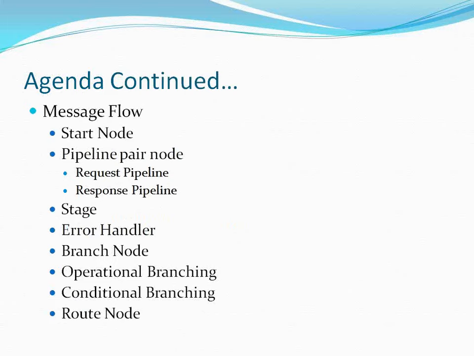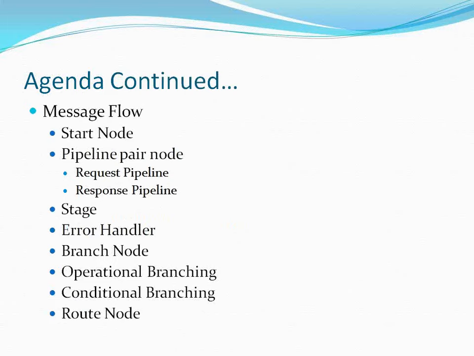Operational branching is only used with WSDLs. We can have multiple operations in one WSDL, right? Suppose you have a WSDL for a calculator. In the calculator we can have four operations: add, multiply, division or subtraction.